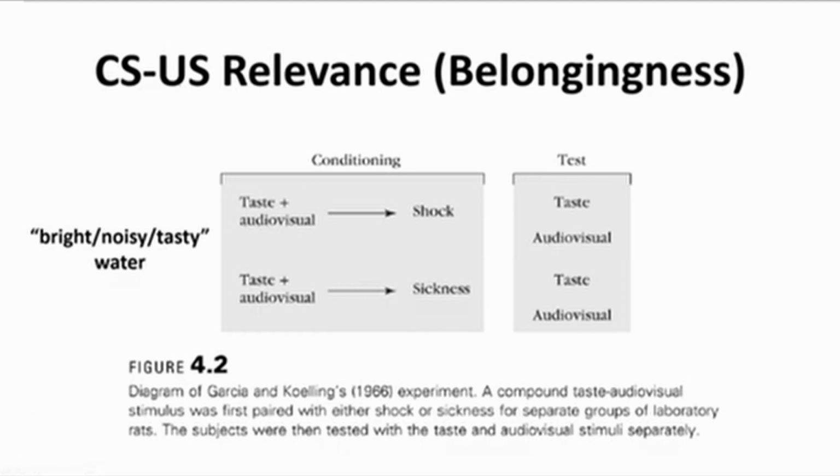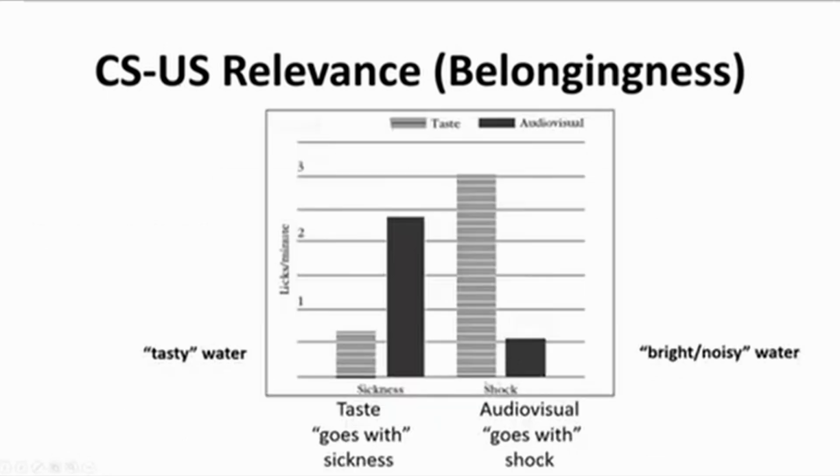And then we test: do we see that reduction in licking due to taste, or is it due to audio-visual stimuli? If we look at our next slide here, we see that it differs, or it depends on what their unconditioned stimulus was.